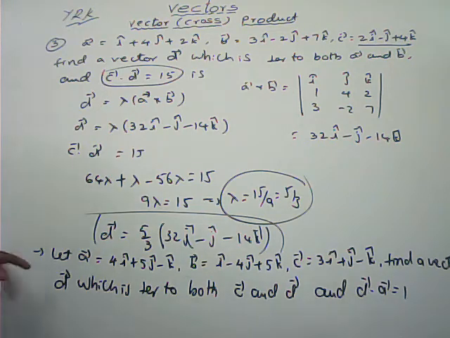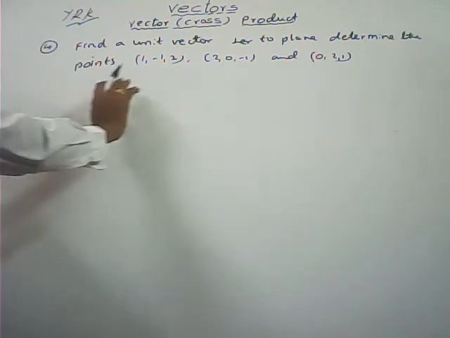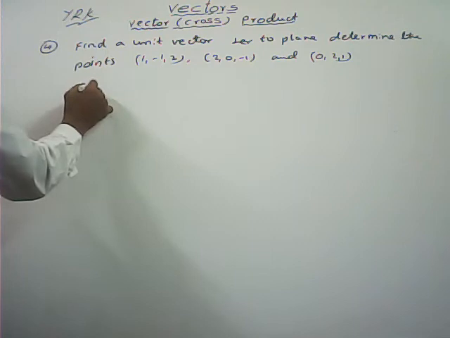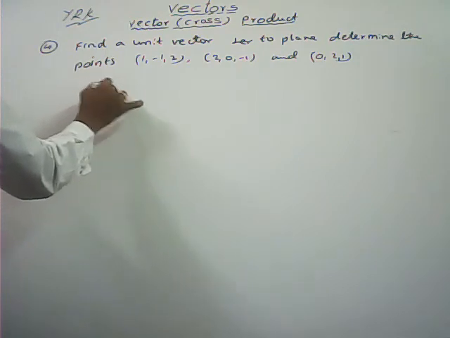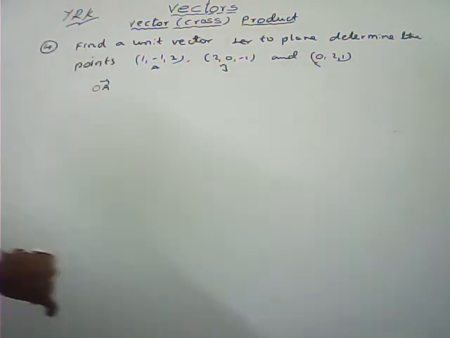Here I have written the same model question, that is for self practice. Find a unit vector perpendicular to the plane determined by the points. Here the points are given: A, B, C. Three points are given, with their position vectors with respect to the origin.